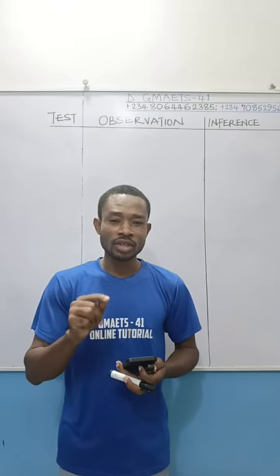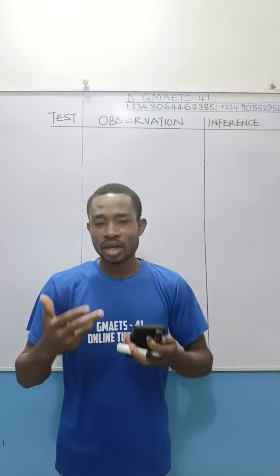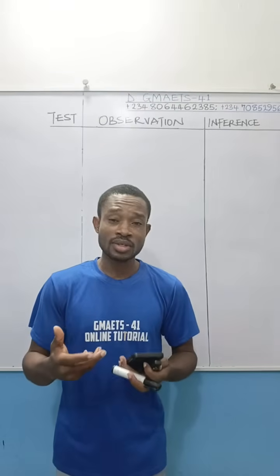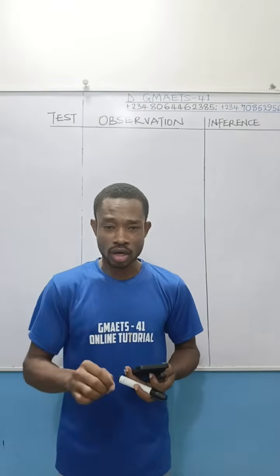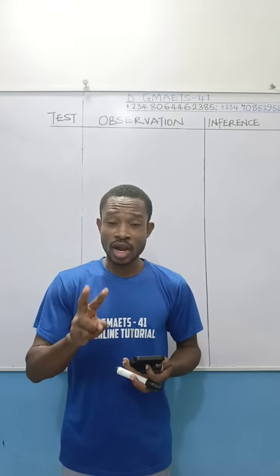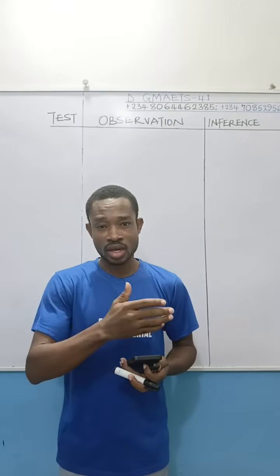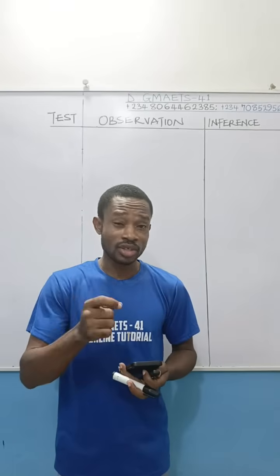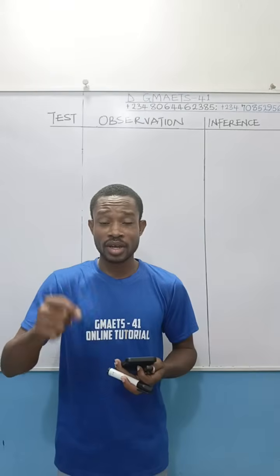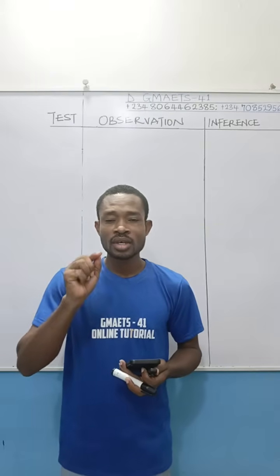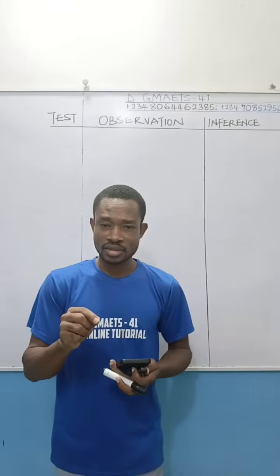If you have not done this, I urge you to use this little time left tonight to work on these things. I have these video lessons, one on cations, the other one on anions. Just go through the GMAETS 41's Chem 107 playlist. You will see those two videos. Watch them. Take the lessons there.